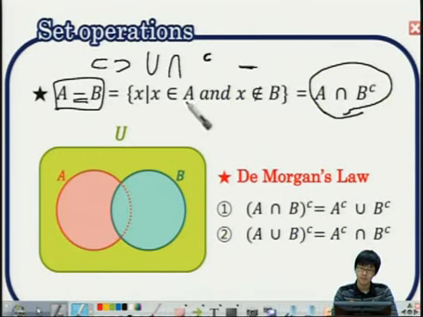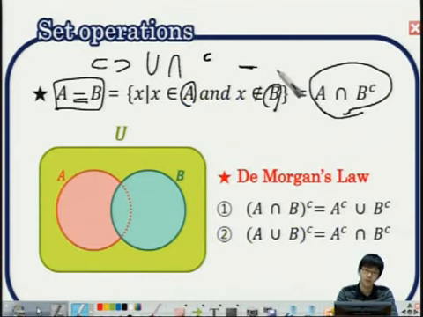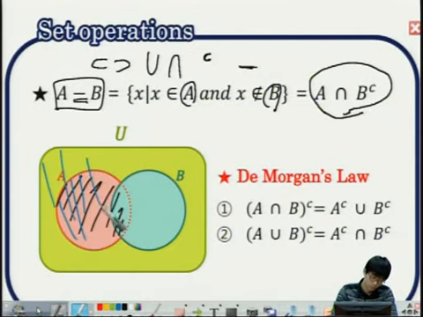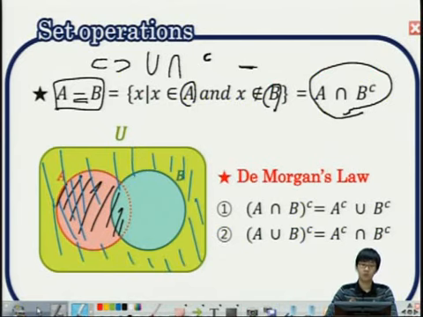And the definition here is x such that x is inside A and outside B, which means inside A is this part, right? And outside B is this part. So what is the common part of these two?